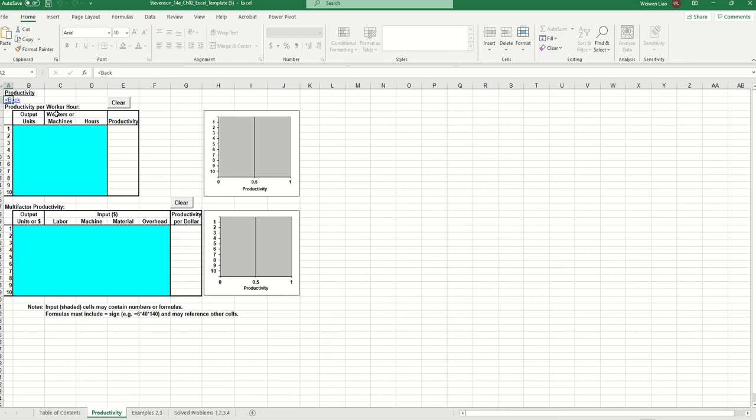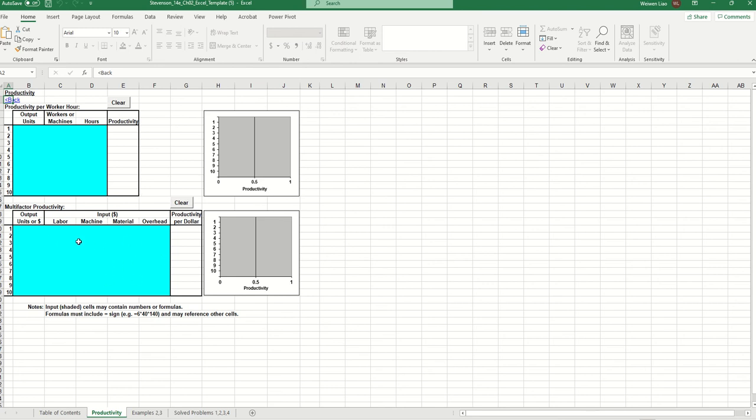The first one is the single input, single factor productivity table. The next one is the multi-factor productivity table. To solve the problem, you usually will need to use this one because we always have multiple factors, multiple inputs here.